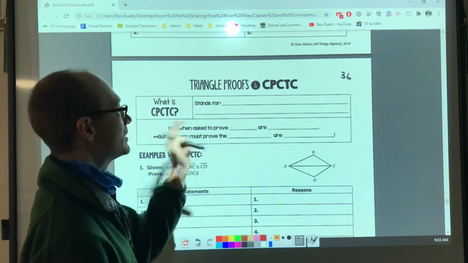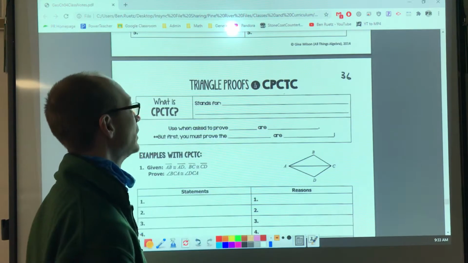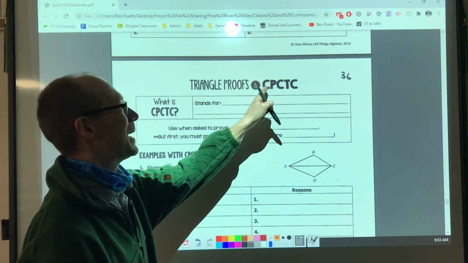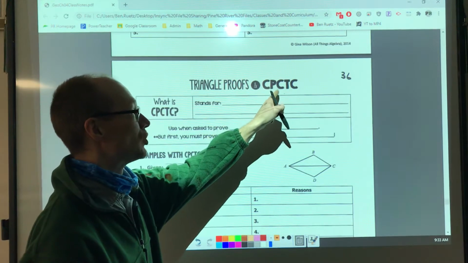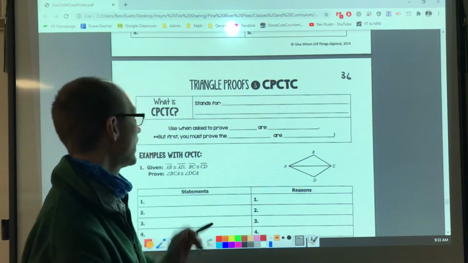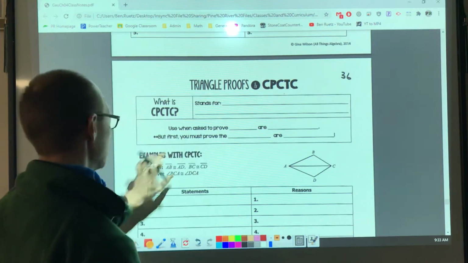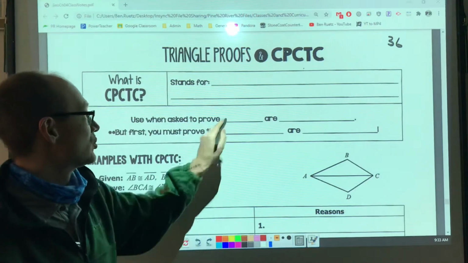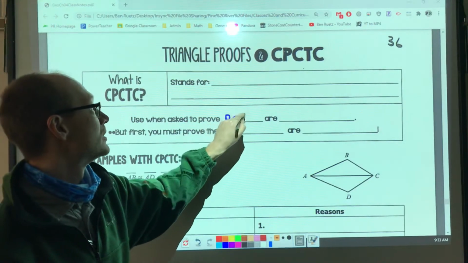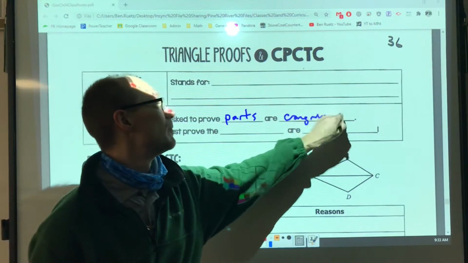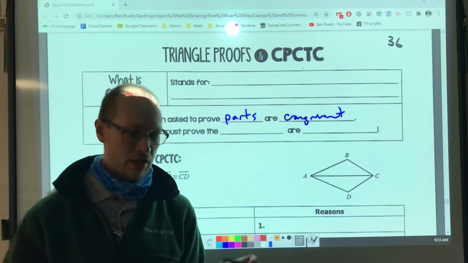I've talked about what CPCTC stands for before, but it stands for corresponding parts of congruent triangles are congruent. So if you have two triangles, let me expand this out a little bit. When you're being asked to prove parts are congruent, that means here are two triangles.